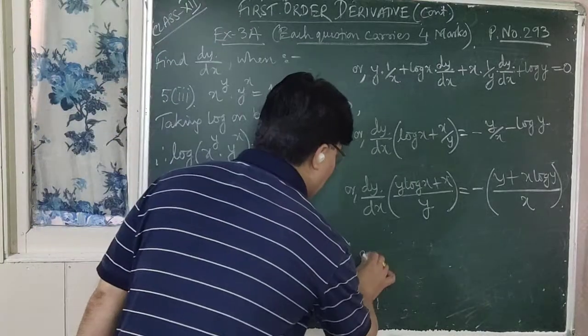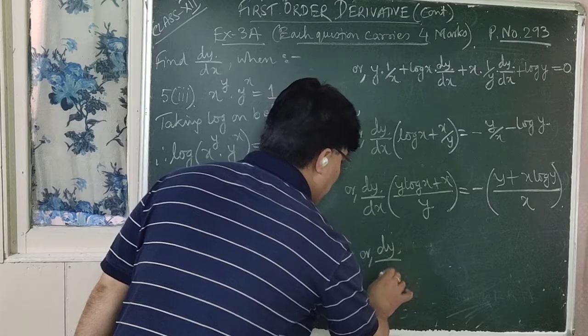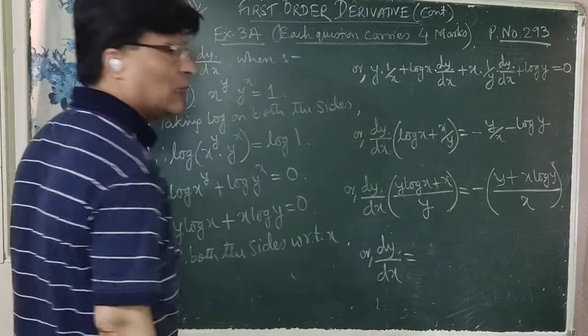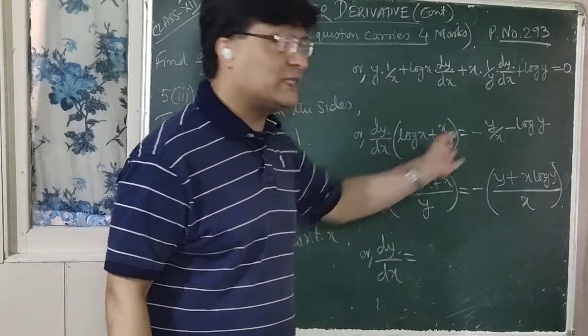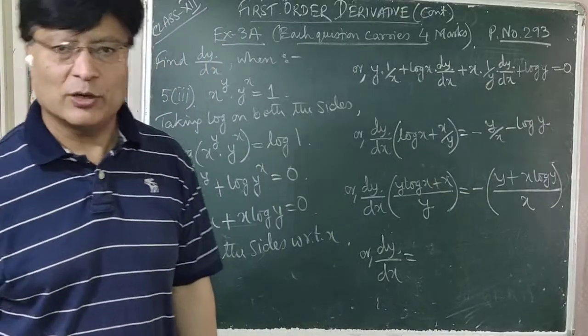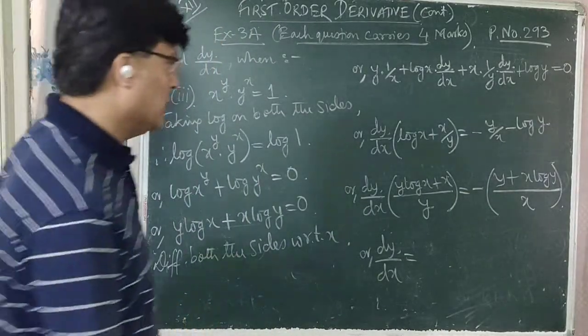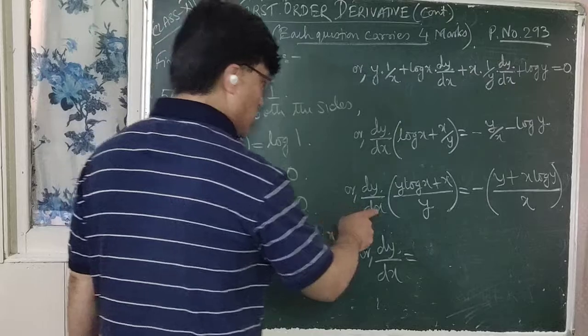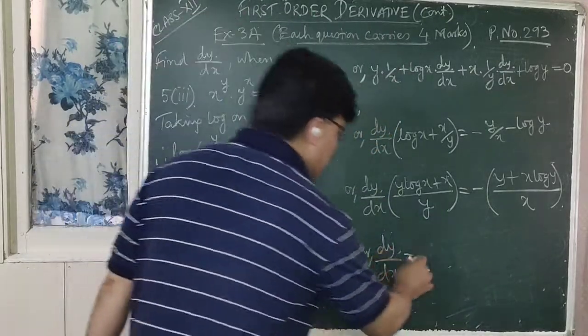Now what is the value for dy by dx? So dy by dx is equal to, now this fraction should be taken to the right hand side, or you can do cross multiplication also here. So what is the final answer?